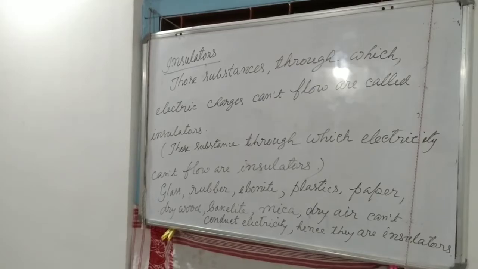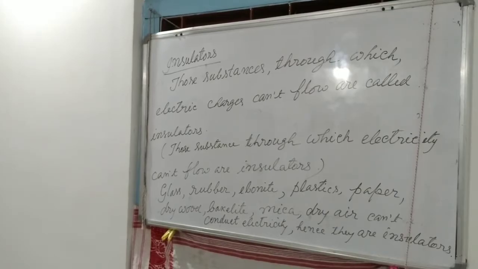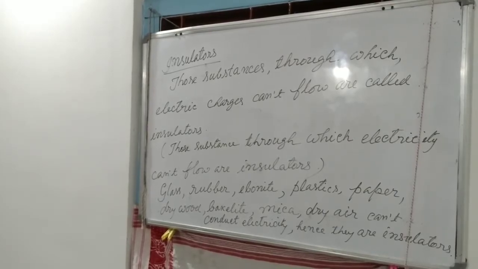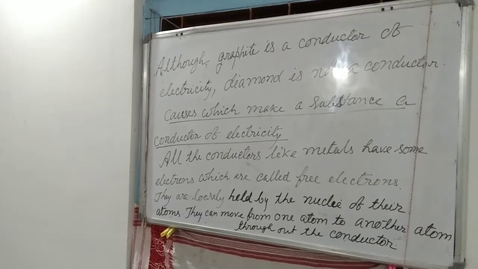We have already told about graphite, a form of non-metal carbon, but diamond is another form of carbon, and it is not a conductor of electricity. Although graphite is a conductor of electricity, diamond is not.